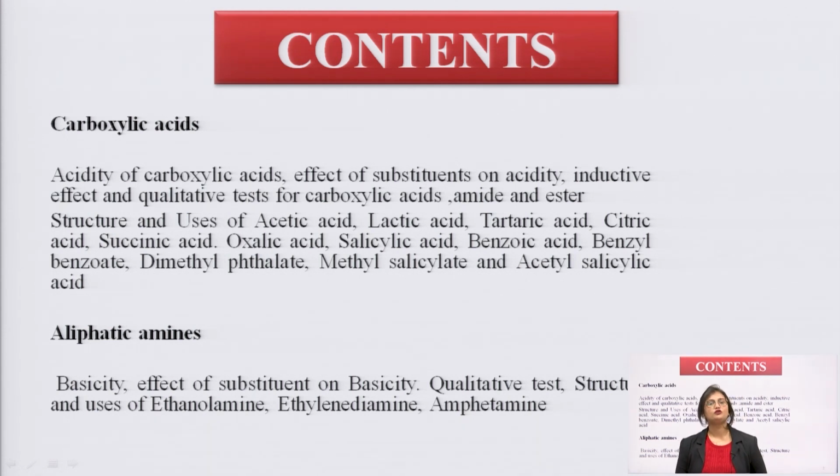After that, we moved on towards aliphatic amines. Under aliphatic amines, we have discussed in detail the basicity of aliphatic amines, effect of substituents on the basicity of aliphatic amines, qualitative tests of aliphatic amines, and structures and uses of ethanolamine, ethylenediamine and amphetamines.